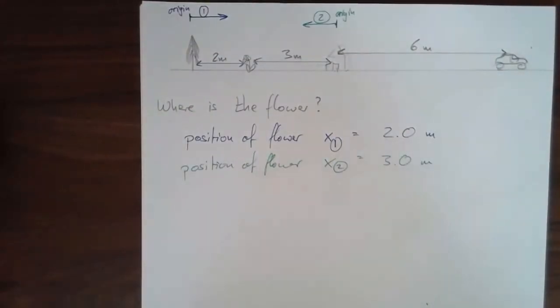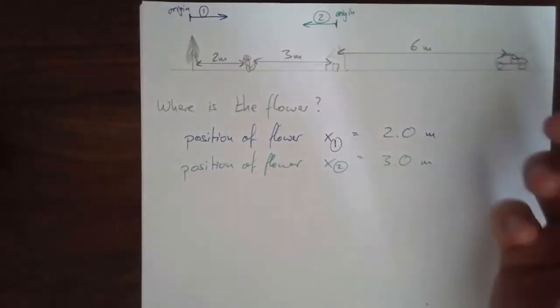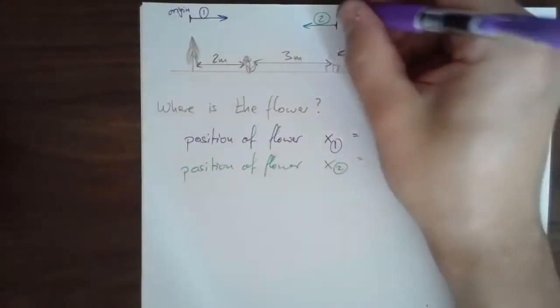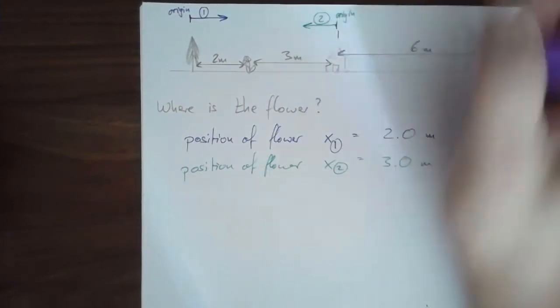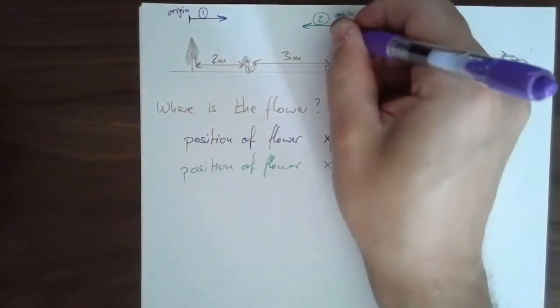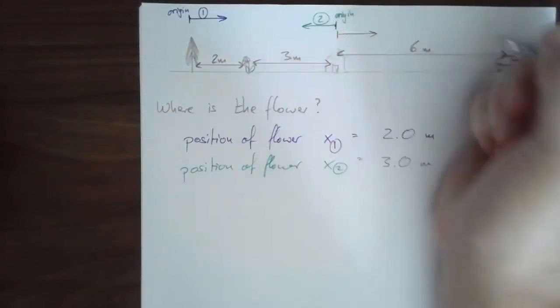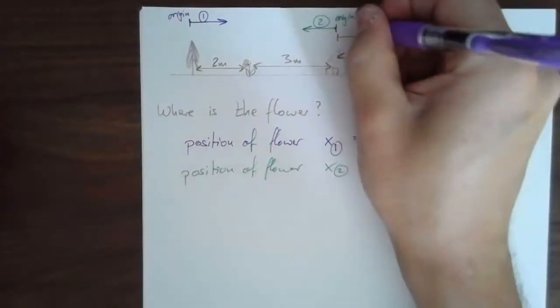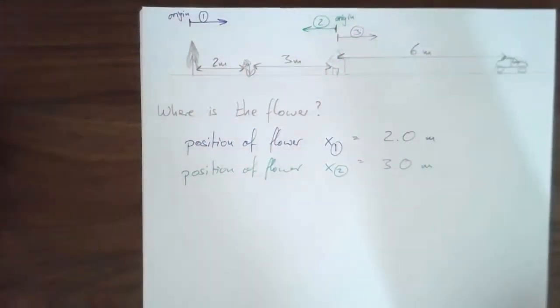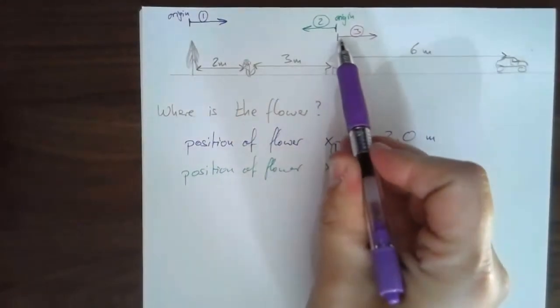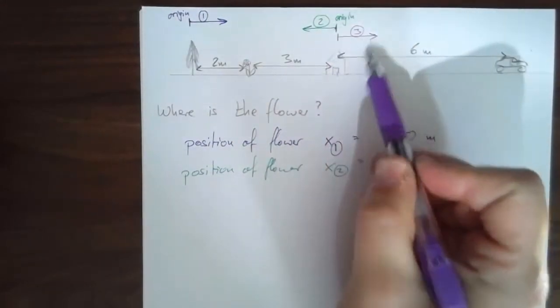Can we make other choices? Sure, there's lots of them. I'm probably going to run out of colors before I run out of coordinate system choices. How about we start at the same spot here, but I'm going to have my ruler point this way now. Make this number 3. So it's the same origin as number 2, but my ruler points a different way.